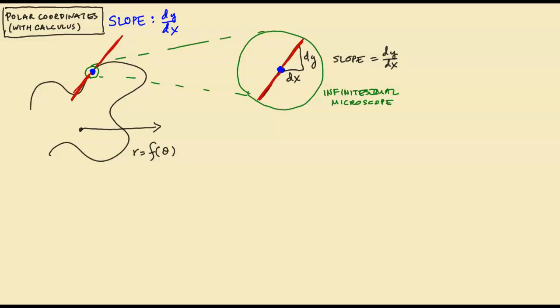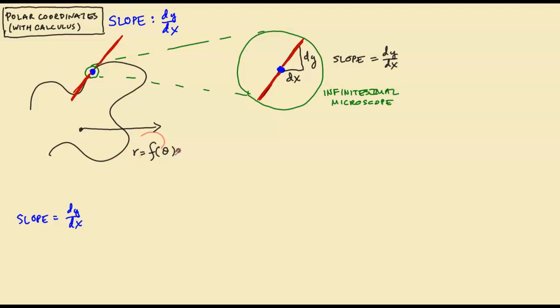We can still get it though, and very easily, just by remembering that slope is dy dx, and then playing some games with the Leibniz notation. This will be yet another demonstration of how brilliant this notation is. Slope, we said, is going to be dy dx, purely on basic intuitive geometric grounds. Fine. But if our function is given in polar coordinates, we don't have y as a function of x.